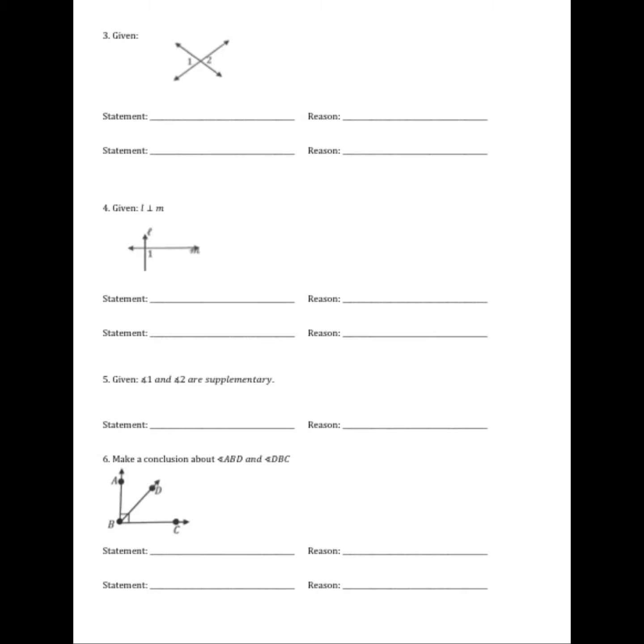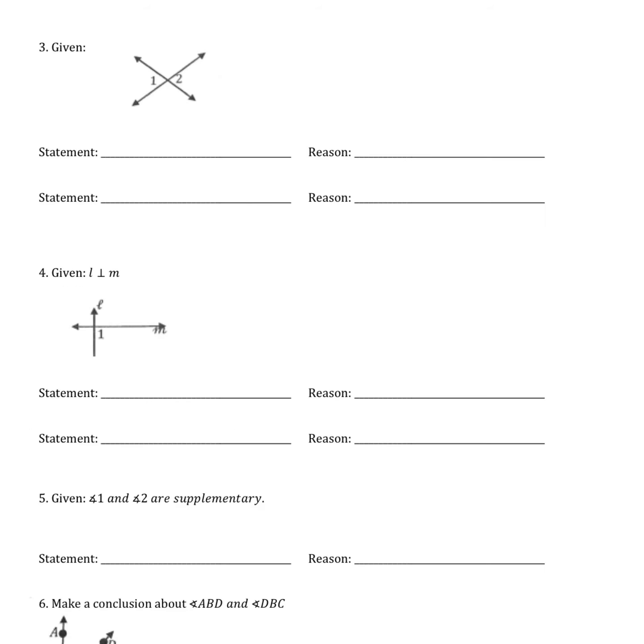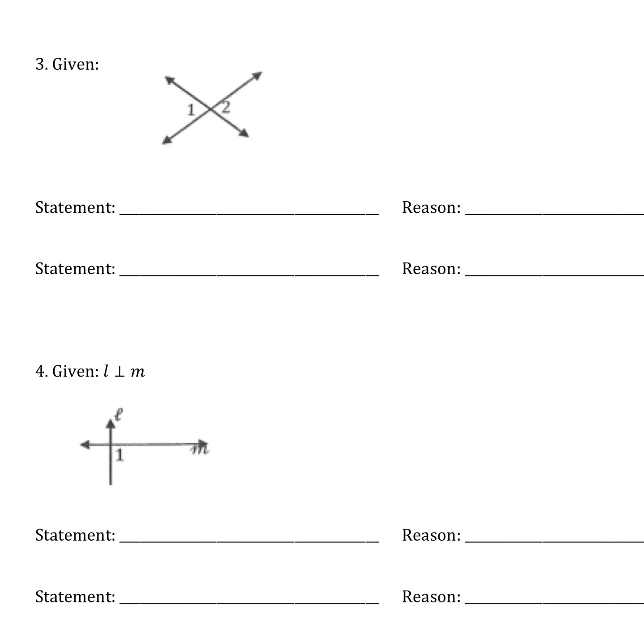Let's do some more. So we've got angles 1 and 2. We know that 1 and 2 are vertical angles. We can't say they're congruent yet because we have to prove it.